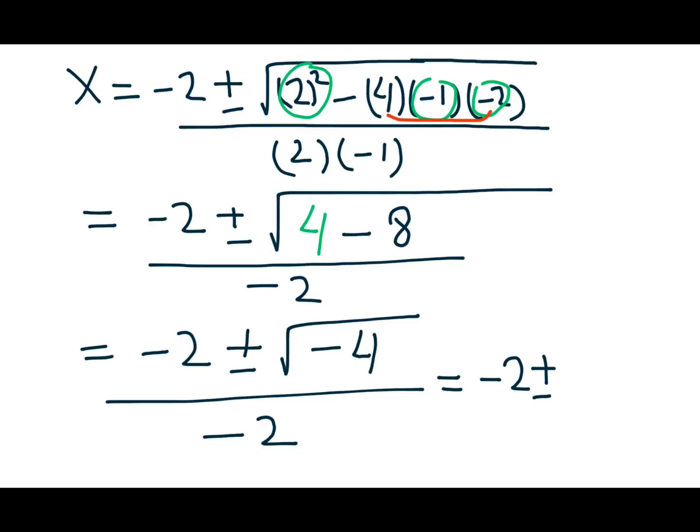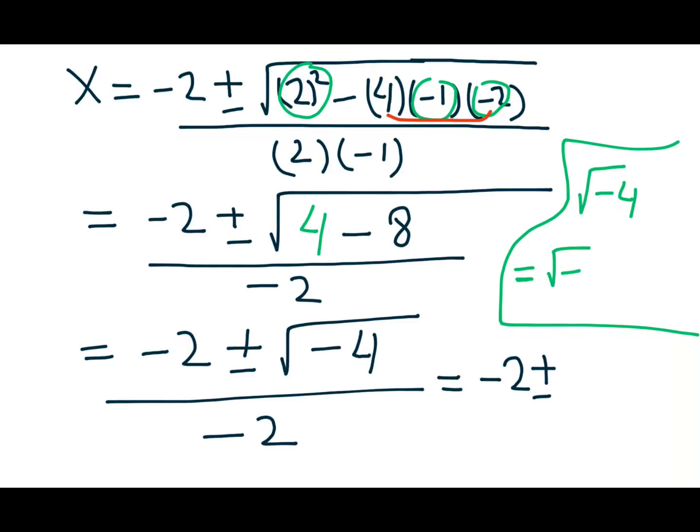Now the square root of minus 4, according to the properties of radicals, we can write as minus 1 times the square root of 4. And remember, if you have a minus under a square root, we can write i, that is a complex number.